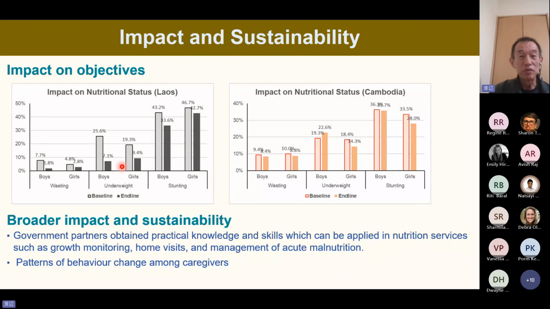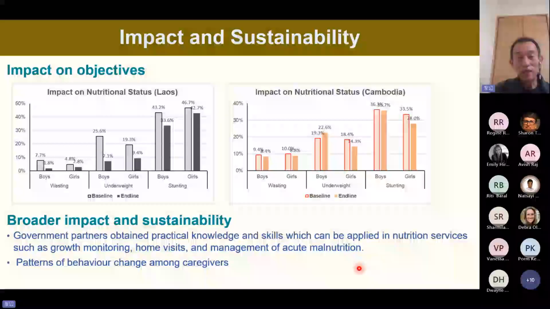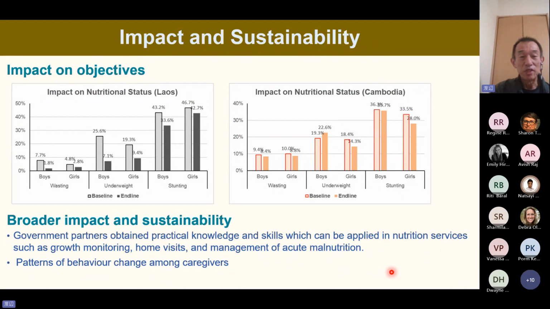So apart from nutrition impact, there are some other important impact and sustainability issues. One of the most important findings was that both countries' programs strengthened government partners, and they gained practical knowledge and skills, which can be applied in their own routine health and nutrition services, such as growth monitoring, home visits, and management of acute malnutrition.